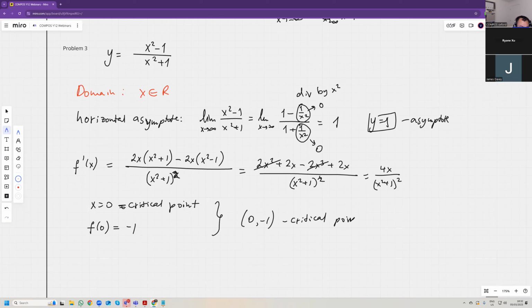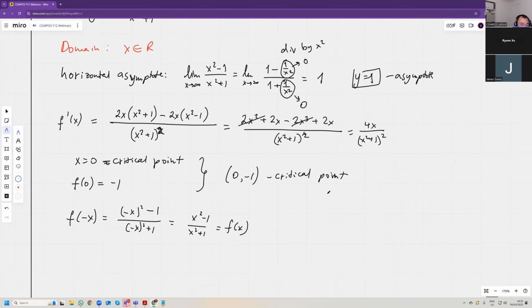You could also notice that this is an even function, because f of minus x is equal to minus x squared minus 1 over minus x squared plus 1, which equals x squared minus 1 over x squared plus 1, which is f of x. So f of minus x is equal to f of x. That means it is an even function.